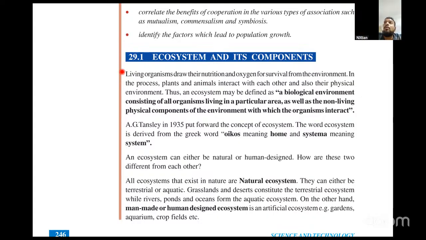So there's an interaction of living and non-living components both. The living organisms are called the biotic component and the non-living are called the abiotic component. But what I'm trying to say is there's an interaction between the abiotic and biotic components. Now, listen, guys.